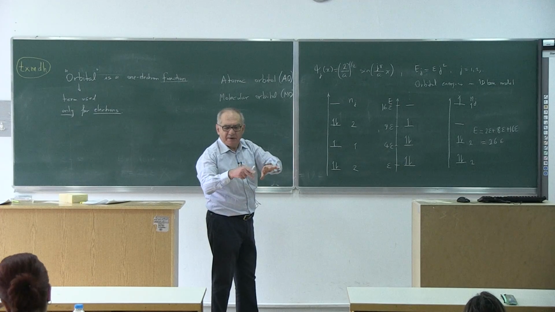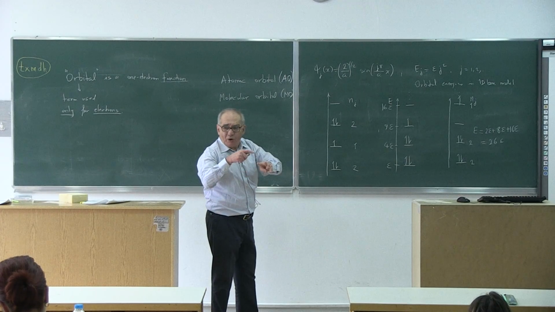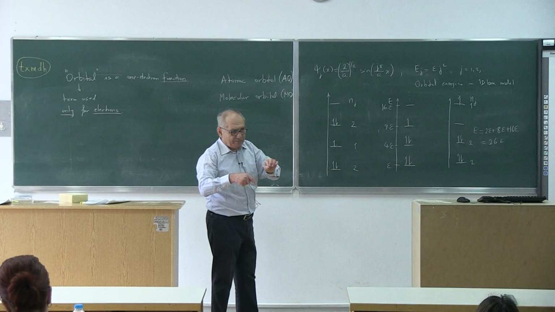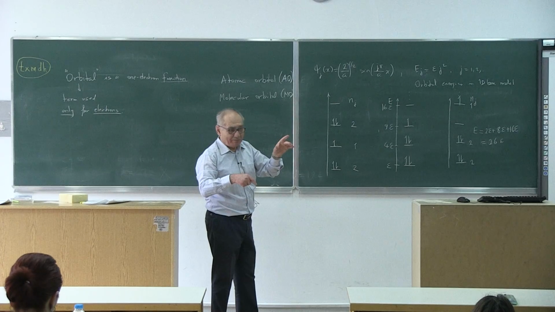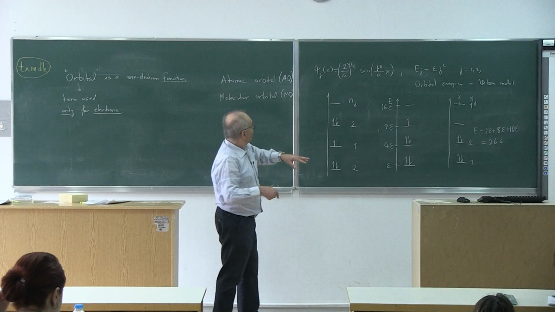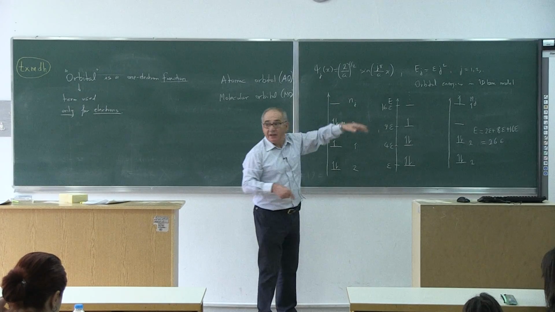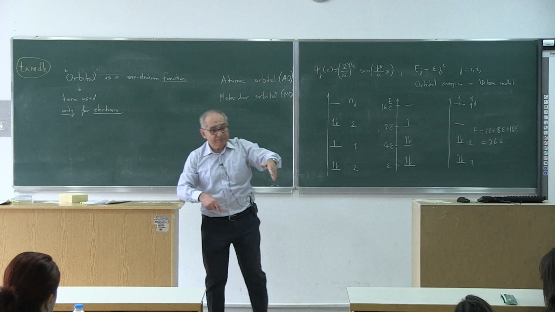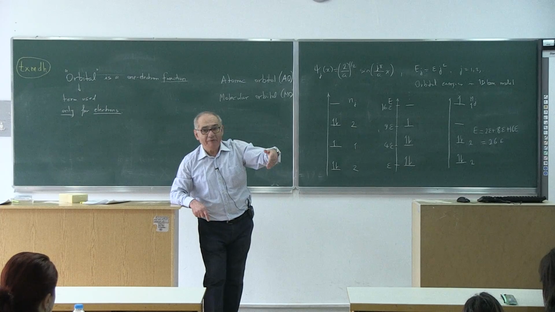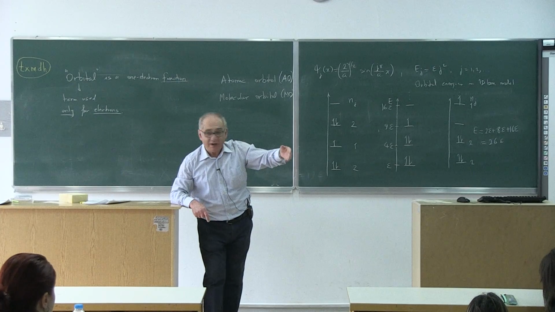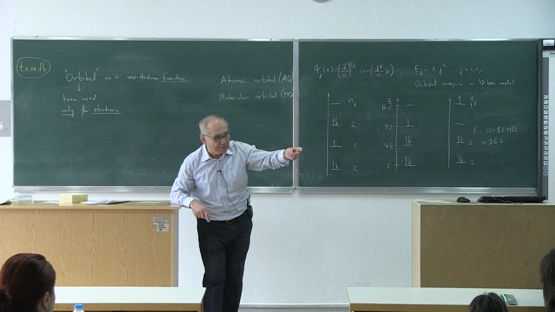Once again, orbital energies are numbers, but orbitals themselves are functions. They are not numbers. They are functions. Here is one example. The orbitals that you have read about in your general chemistry course, s orbitals, p orbitals, d orbitals, right?